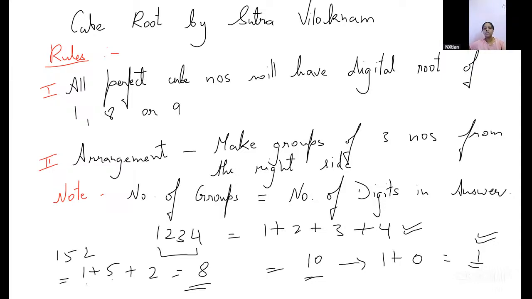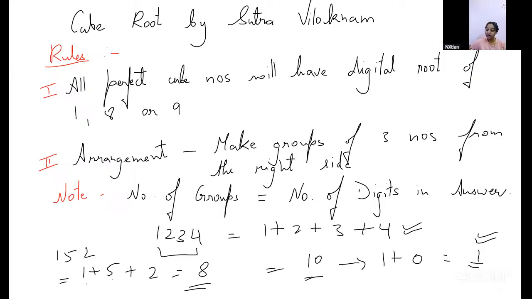So 152 is also a perfect cube number, because the digital root is 8. In this case, we have to check that it comes to 1, 8, or 9. Got it? Now we will move forward.